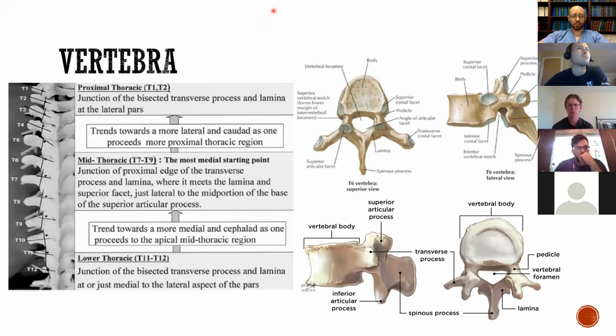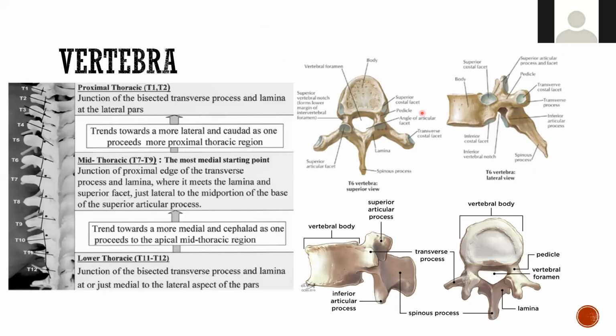Here's just kind of a slide that I pulled off of Ortho Bullets that kind of summarizes that. You can notice that the thoracic spinal vertebrae are different shapes compared to the lumbar spine.